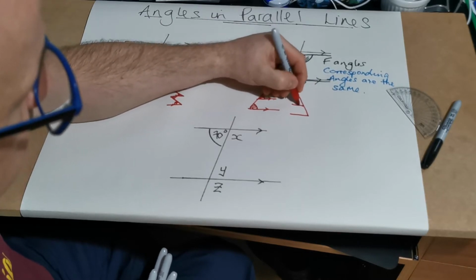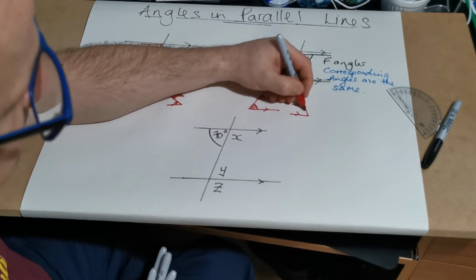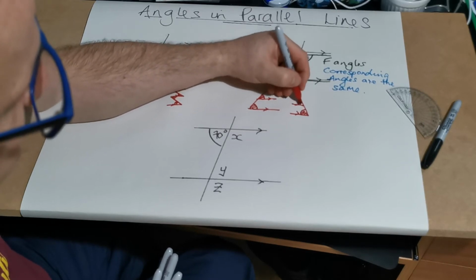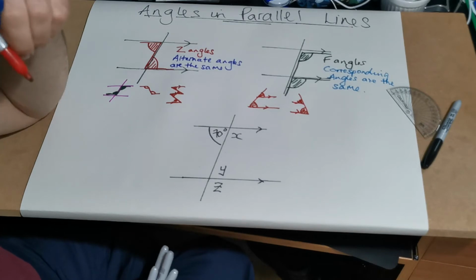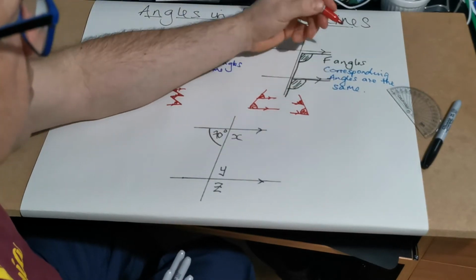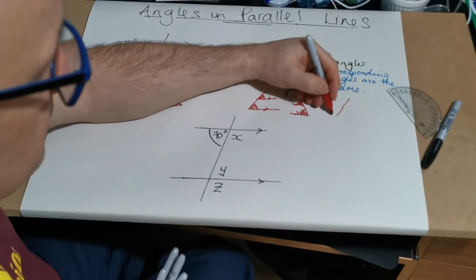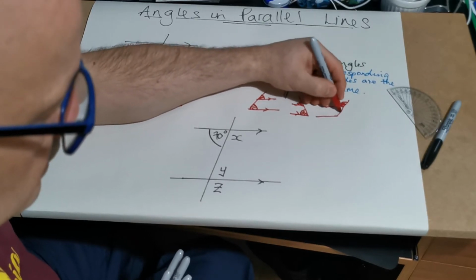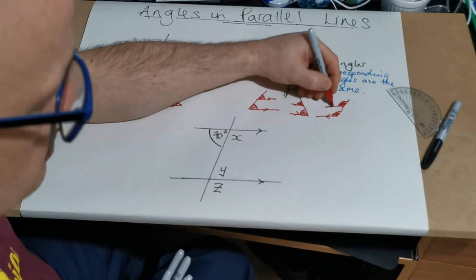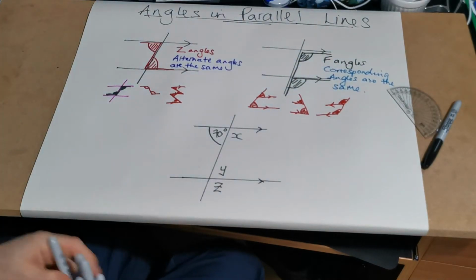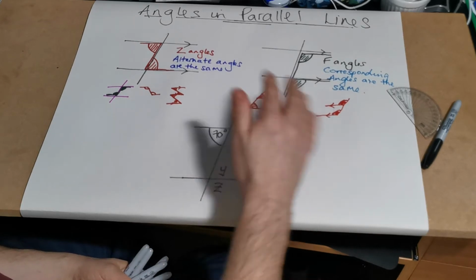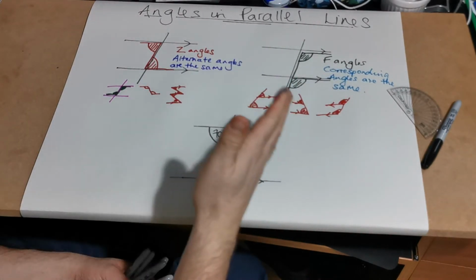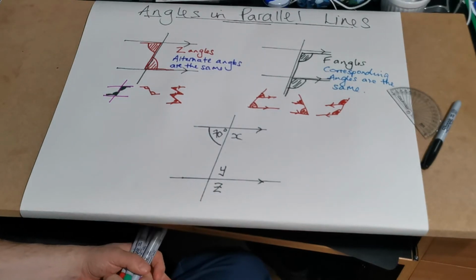These ones would also be in the same position, touching the diagonal line and coming underneath the parallel line in the same way. So all these things are called corresponding angles. So corresponding angles are all the same, and typically you would see the F shape, whether it's forwards, backwards, upside down, whatever. You're typically looking for that F shape.